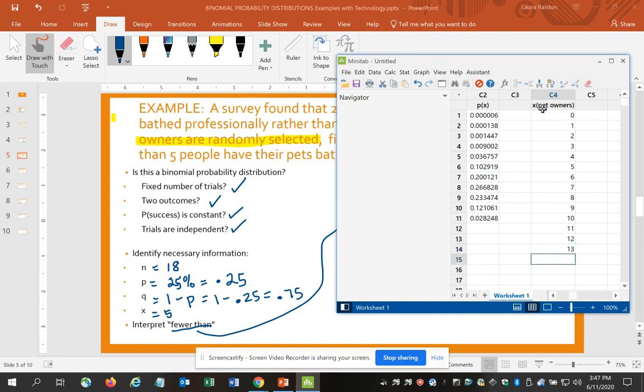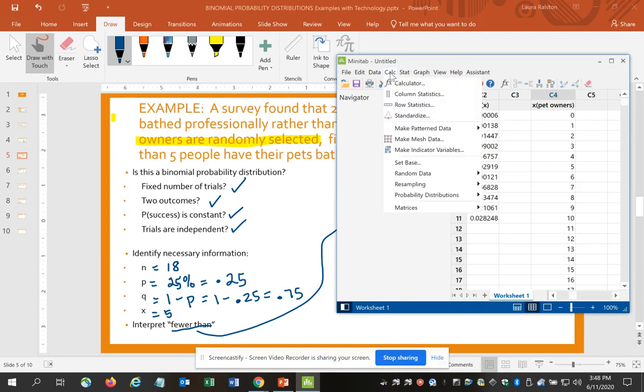So we have to go from 0 to 18 for our possible values of X. I've entered that. Let me make sure I didn't miss one. 3, 4, 5, 6, 7, 8, 10, 11, 12, 13, 14, 15.